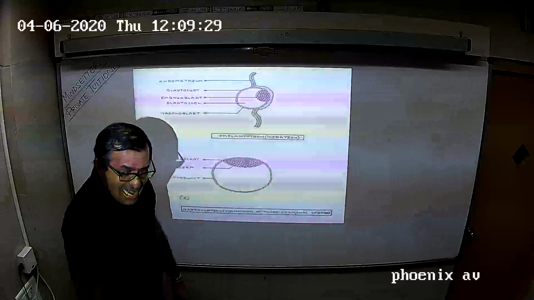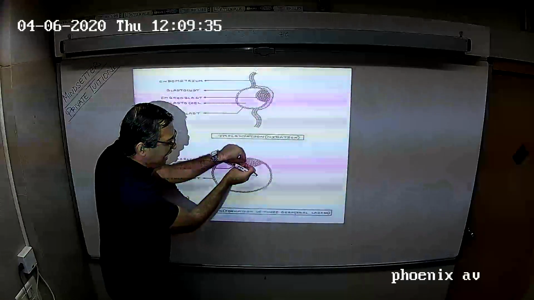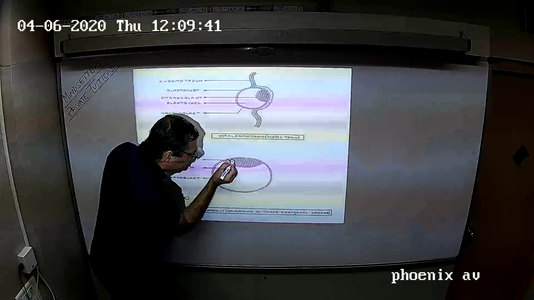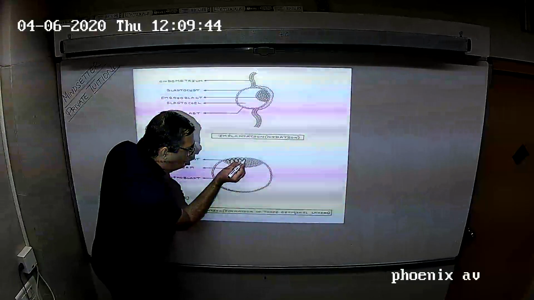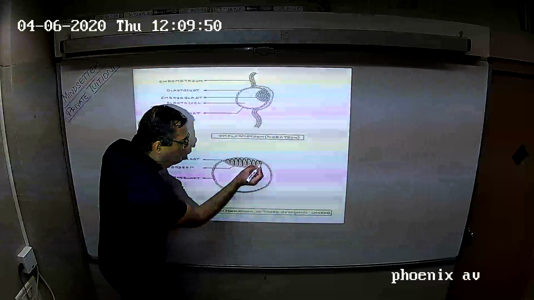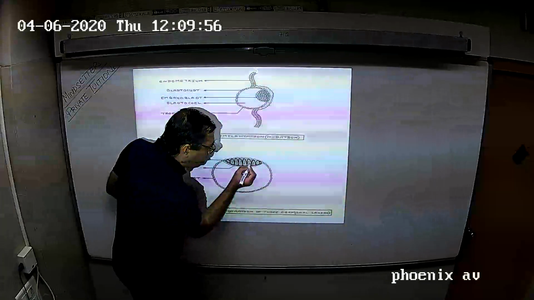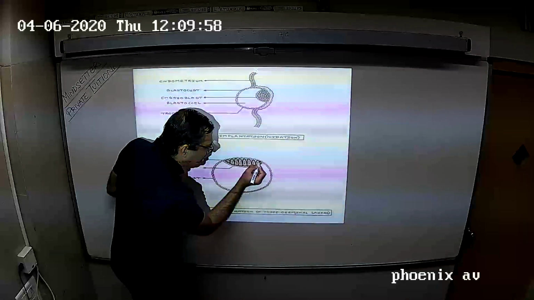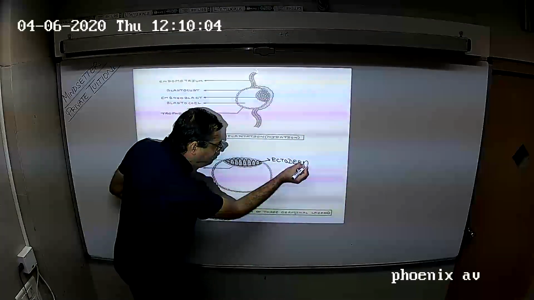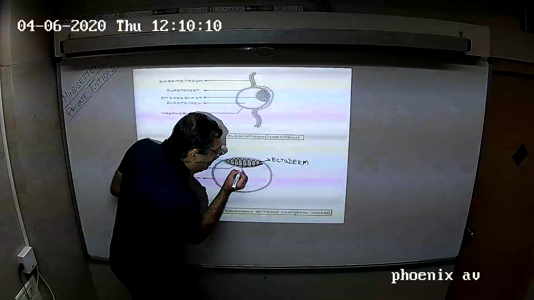Now the remaining cells of the embryoblast start fusing with each other. So the remaining cells of the embryoblast start fusing with each other to form tall columnar cells, and this layer of tall columnar cells is called the ectoderm. So this is the ectoderm of the embryoblast, and below the ectoderm the flattened cells we are having here are called the endoderm.